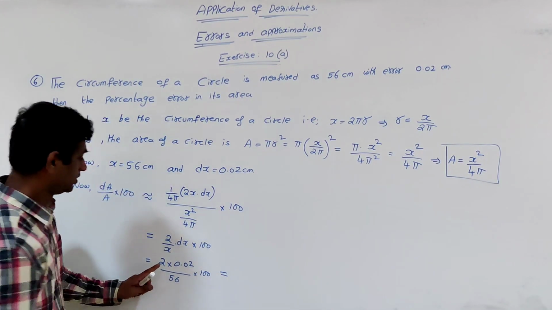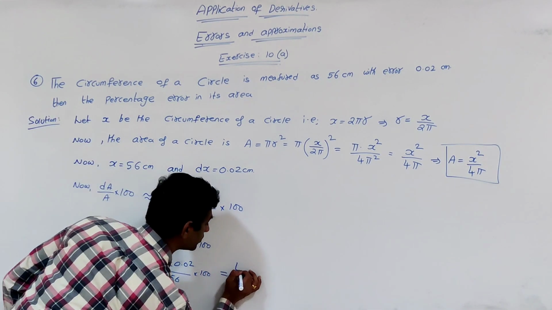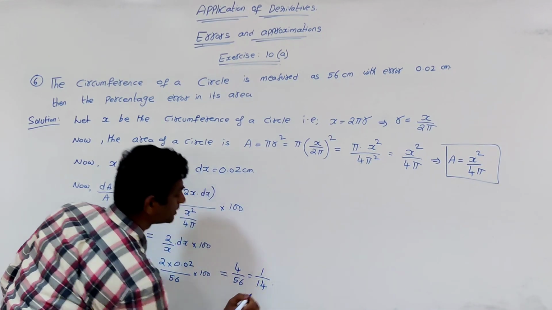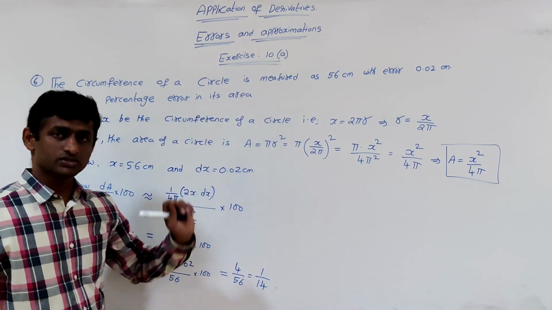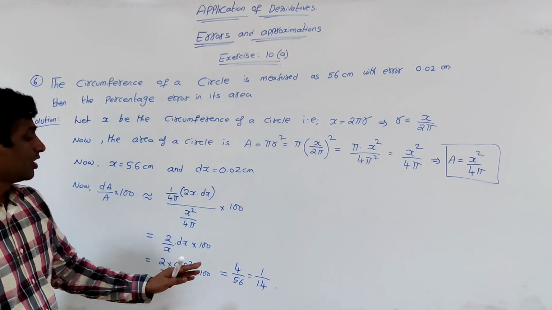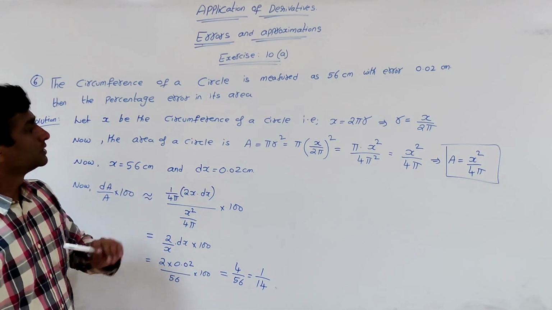That gives 0.02 into 100 is 2, 2 twos are 4. So 4 by 56, which is 1 by 14%. Means if there is a change in the circumference, then the change in its area is 1 by 14%. So that is a problem on circle.